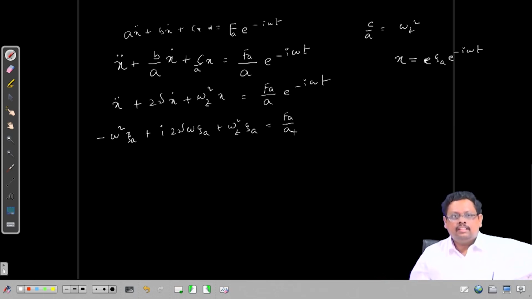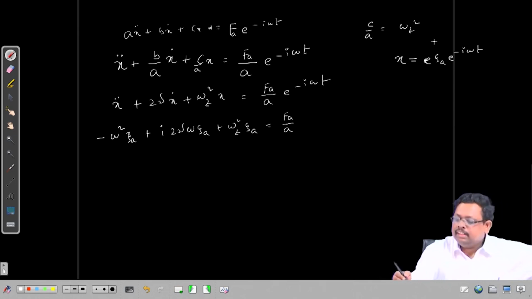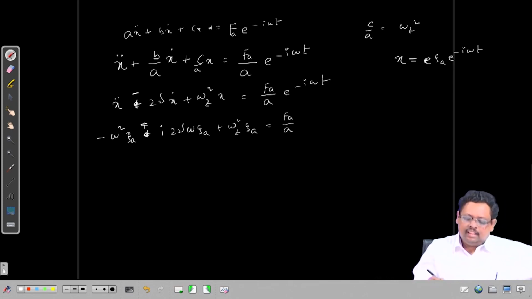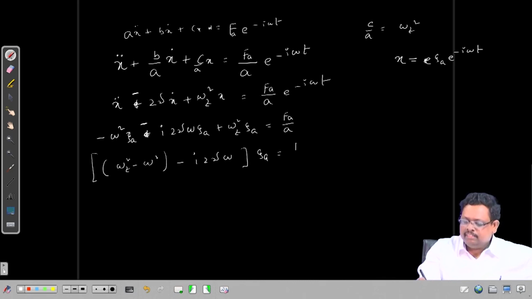Since it is minus i omega t, definitely this is minus. Therefore, you can find it is omega z square minus omega square minus i 2 nu omega, and whole multiplied by xi a is equal to f a divided by a.